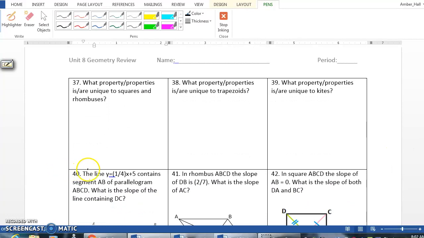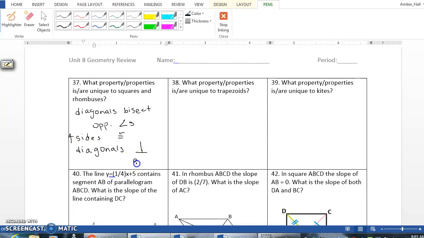What properties are unique to squares and rhombuses? Unlike squares and rectangles, squares and rhombuses, their diagonals bisect the opposite angles, I should say. All their sides are congruent, 4 sides, and the diagonals are perpendicular.